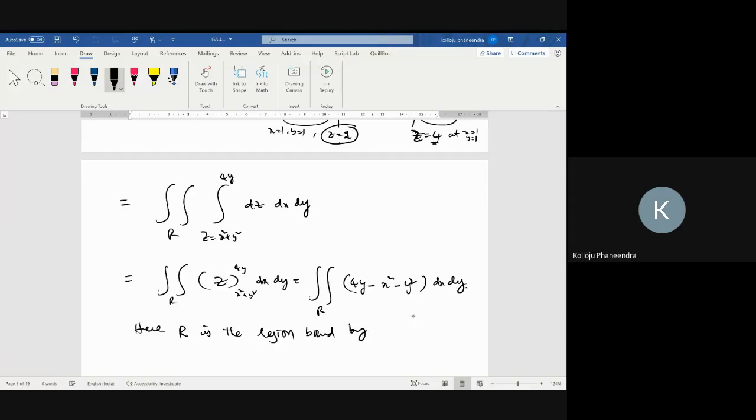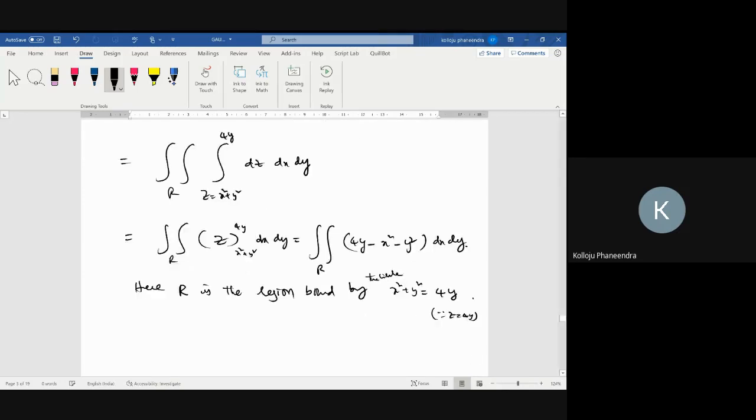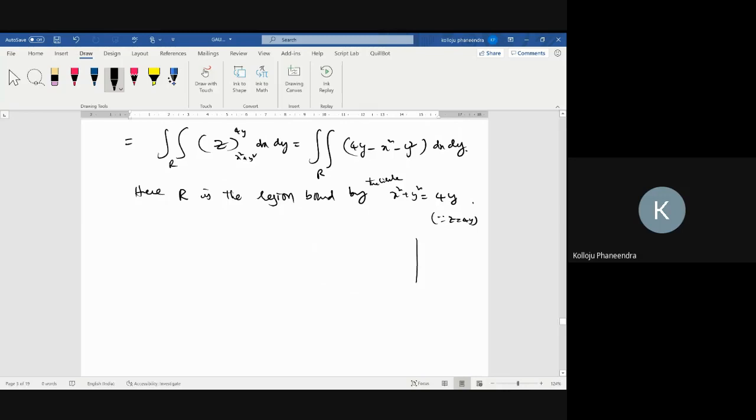bounded by what? See, what is the paraboloid equation? X square plus y square equal to z. Z in terms of y is given as 4y, so bounded by the circle x square plus y square equal to 4y, since z equal to 4y. This is in the xy plane. So what is the circle?